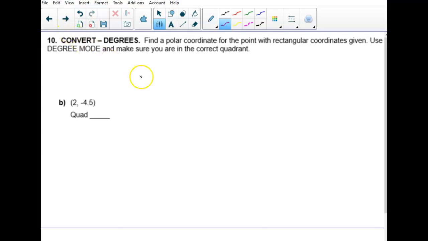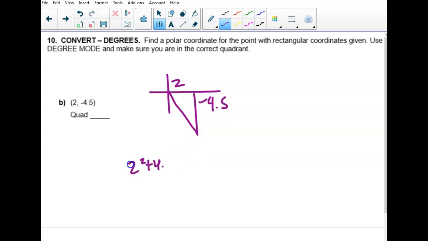One more or not? Two, negative 4.5. If we do Pythagorean theorem, I can't do that one in my head. You got 4.9, that makes sense.